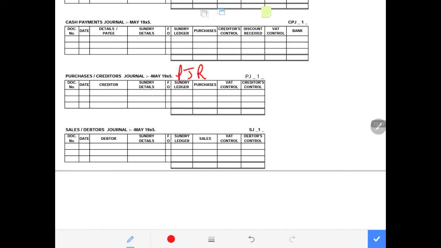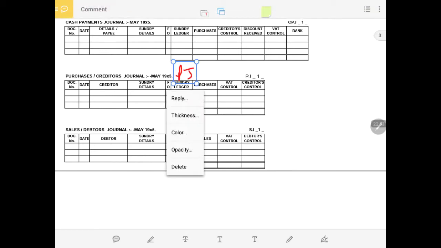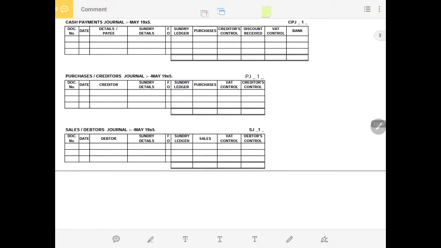It means we don't have to have two separate journals, but all the returns will be recorded as negative figures. This is the approach that I use. All the returns will be recorded in the purchases journal as negatives, reducing our purchases.